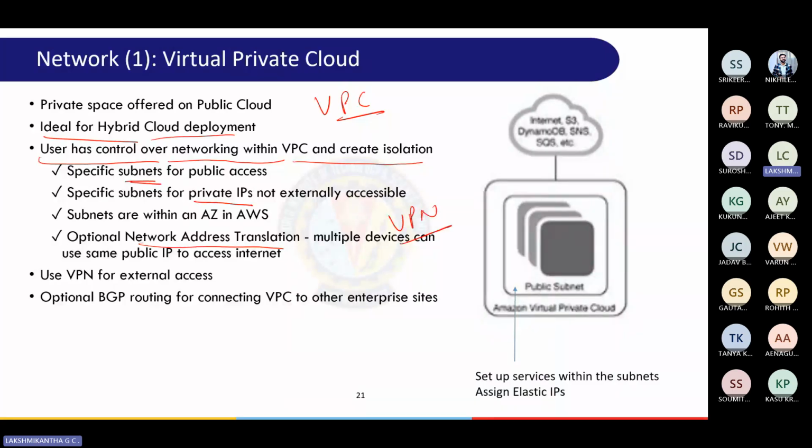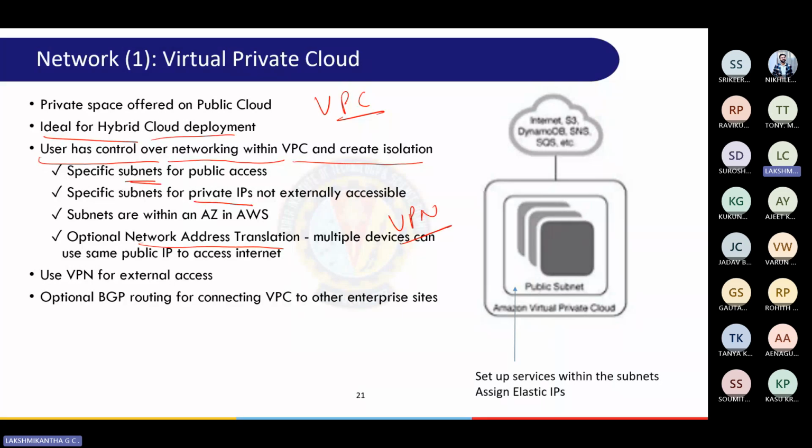Guys, in AWS, subnets are tied to single availability zones. This is important for fault tolerance design, guys. You set up your compute and storage services inside these secure subnets and manage your IP addressing with elastic IPs.